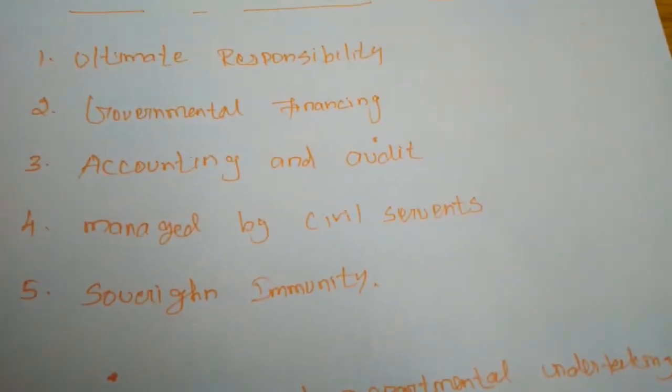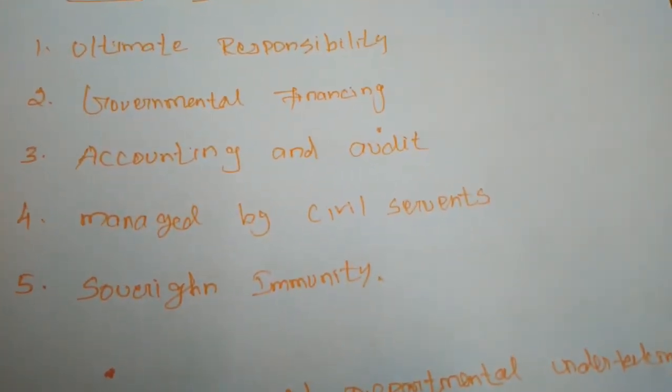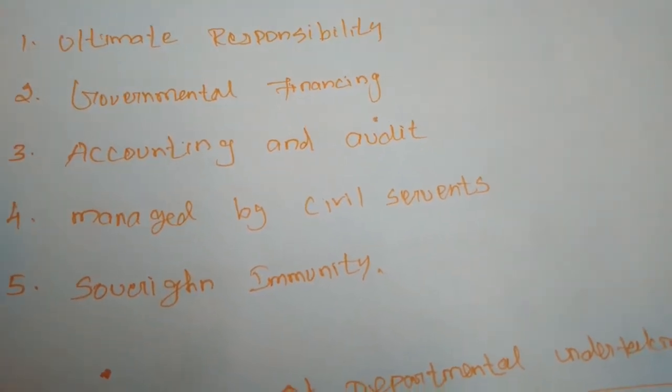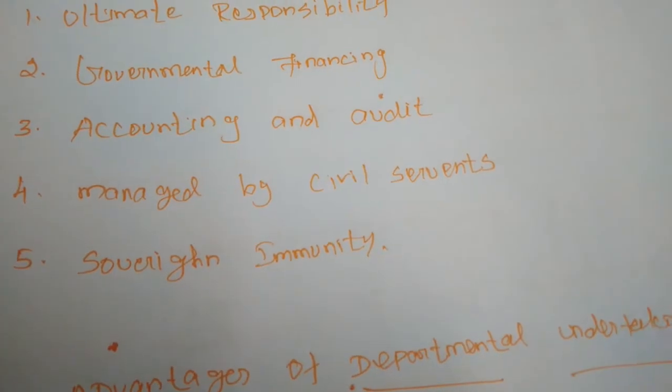So the five features are: first, ultimate responsibility, and governmental financing, accounting and audit; next, managed by civil servants, and sovereign immunity.